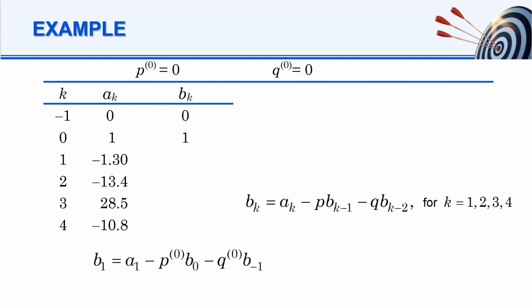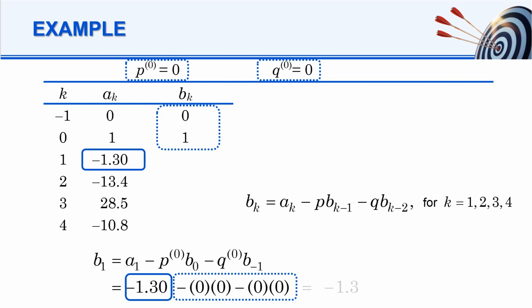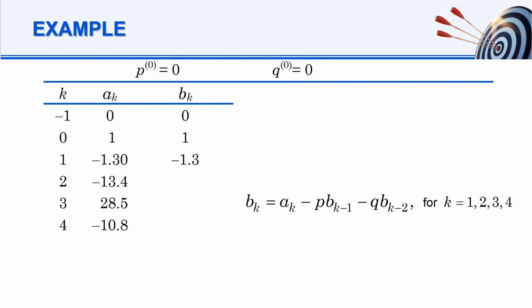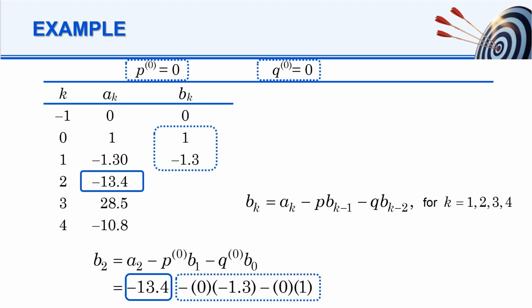For k equals 1, the recurrence relationship takes the following form. We substitute the numerical values for a1, b0, and b sub -1. b1 is obtained as -1.3. Next, for k equals 2, this recurrence relationship takes the following form. Substituting the numerical values for a2, b1, and b0, we find b2 as -13.4.